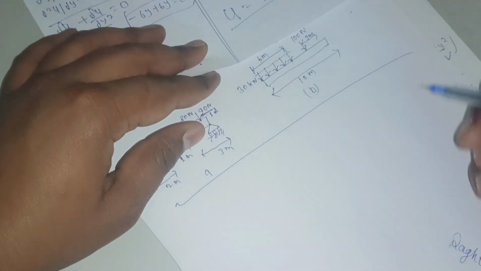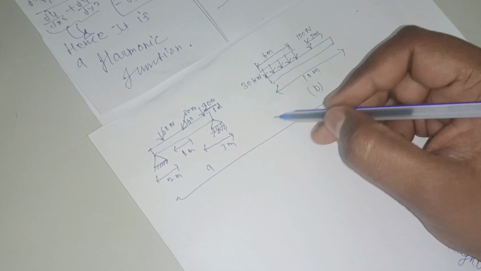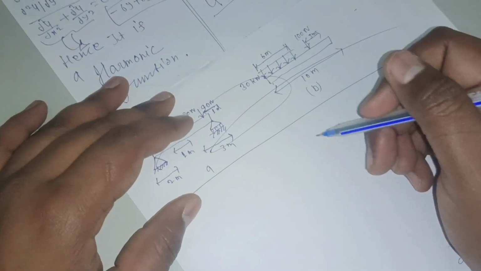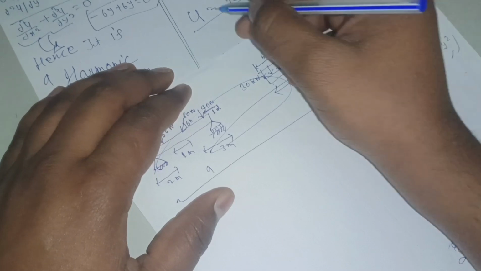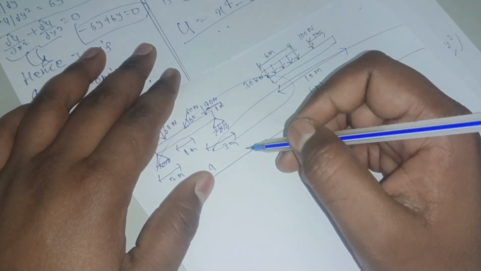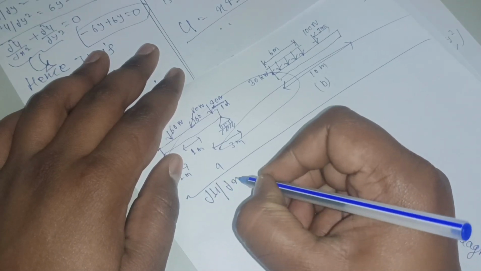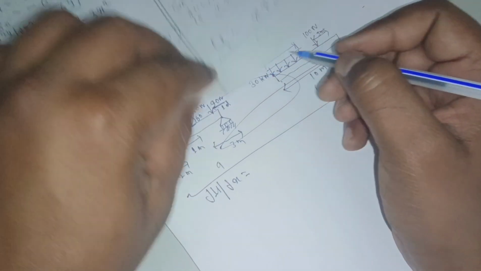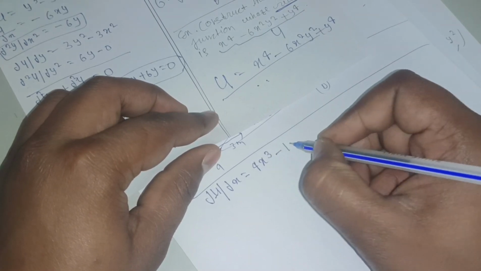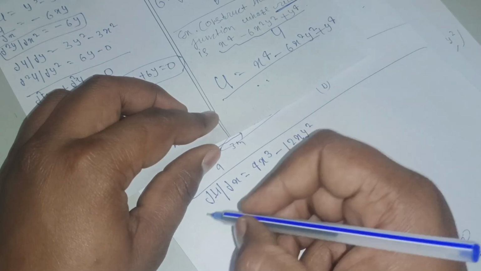So let's do it in this. There is something which is already written. This is some work of mechanics. Don't see that. Okay, so we have been given u is equal to this. So firstly we will find del u by del x. This will be 4x cube minus 12x y square.